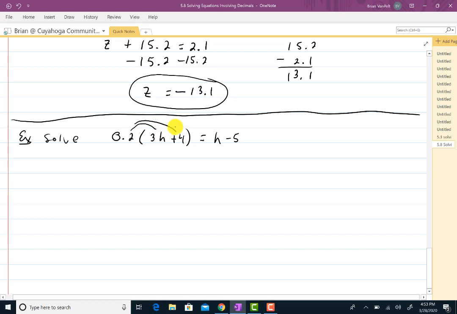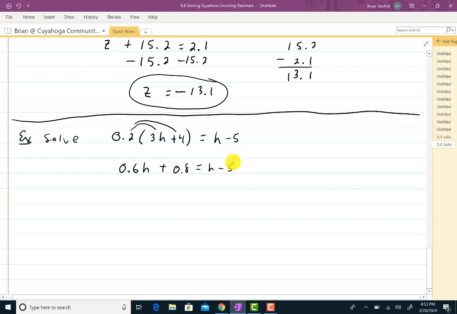So let's go ahead and do those. I don't think it's going to stretch your imagination if I say 0.2 times 3 is 0.6, then with the h, plus 2 times 4 is 8, but move the decimal over 1 and you get 0.8 equals h minus 5.